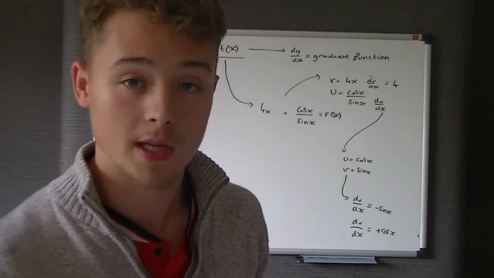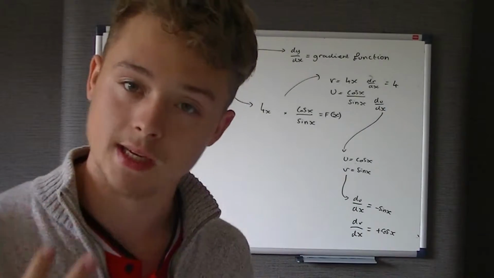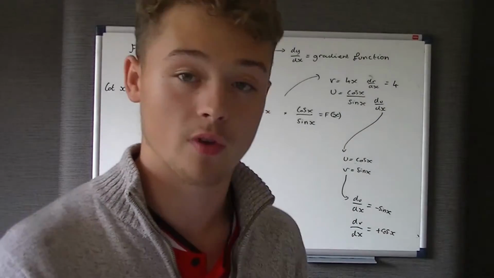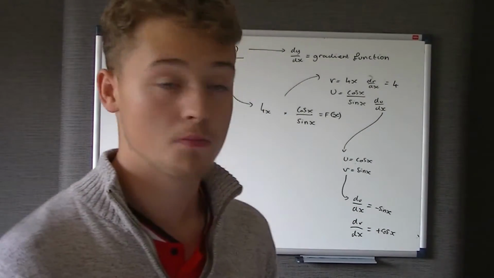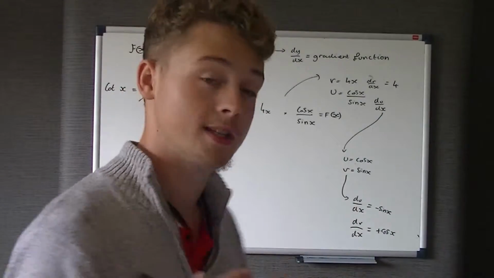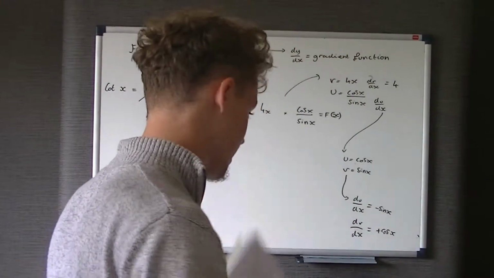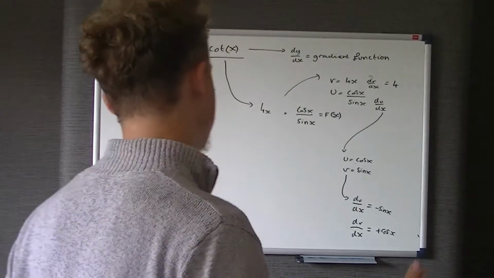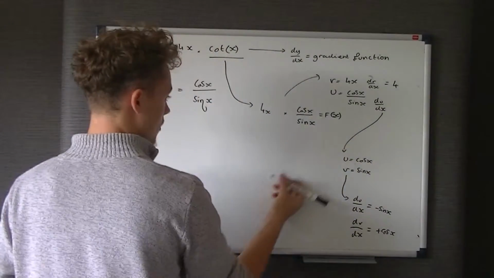The only reason I'm doing this is because we've got all the information we need. When we differentiate cos x over sin x, that's not the whole differential of the whole equation, it's just the differential of this part. But we need u and v inside that, if that makes any sense.